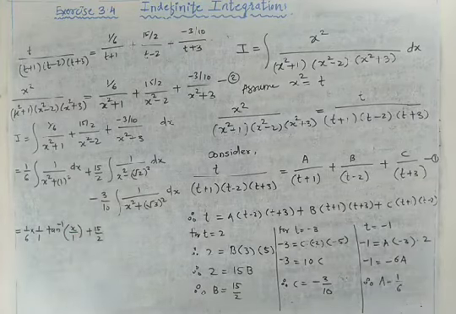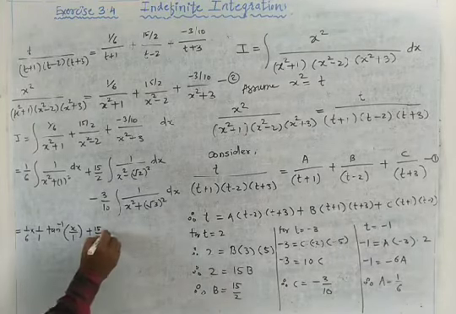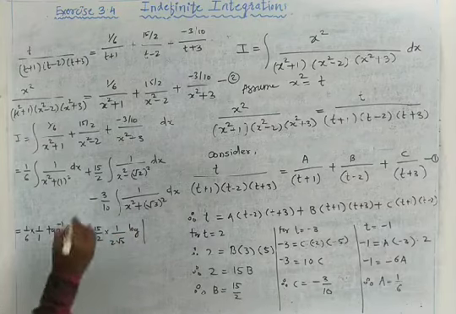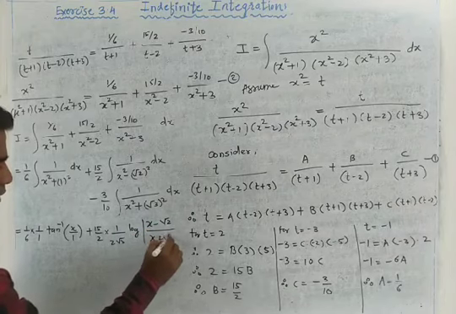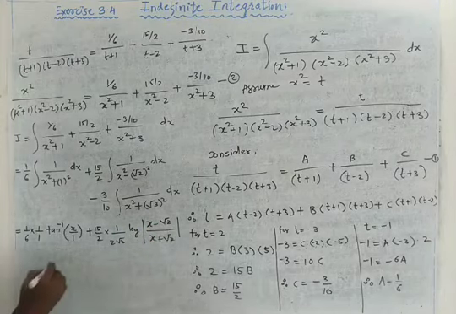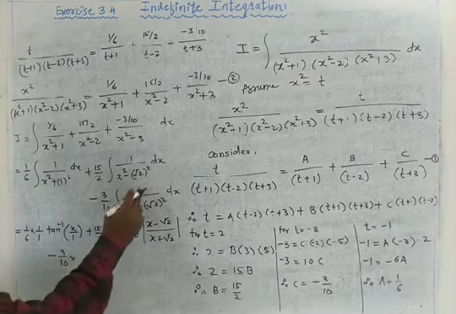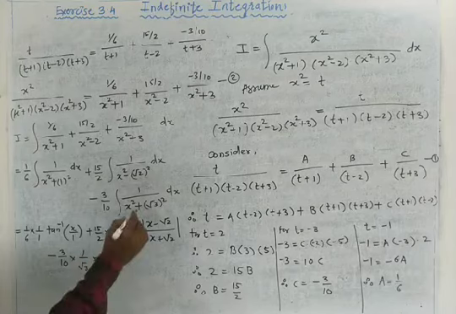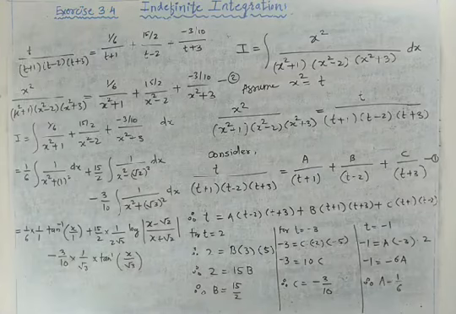Now 1 upon x square minus a square is 1 upon 2a, that is 1 upon 2 root 2 into log of mod of x minus a upon x plus a. Get it? Minus 3 by 10 into, now it is again 1 upon x square plus a square, so that is 1 by a into tan inverse x by a, that is x by root 3. Is it clear?